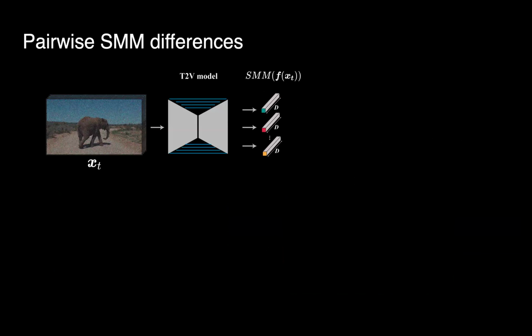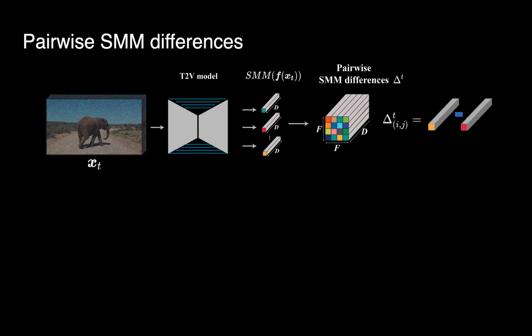So next, in order to get the desired descriptor, what we've done is not to optimize directly to match the SMM features, but we take as our descriptor all the pairwise differences between the SMM features. So we have an F by F by D matrix where each element is just the difference between two SMM features.